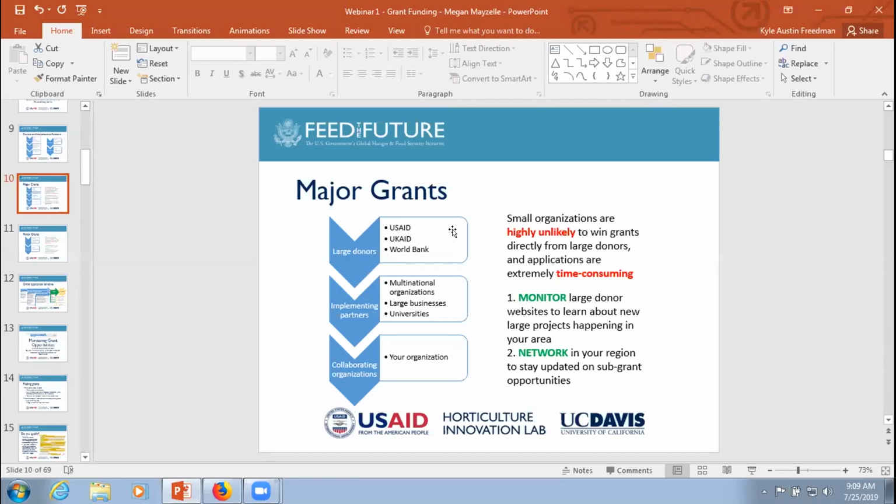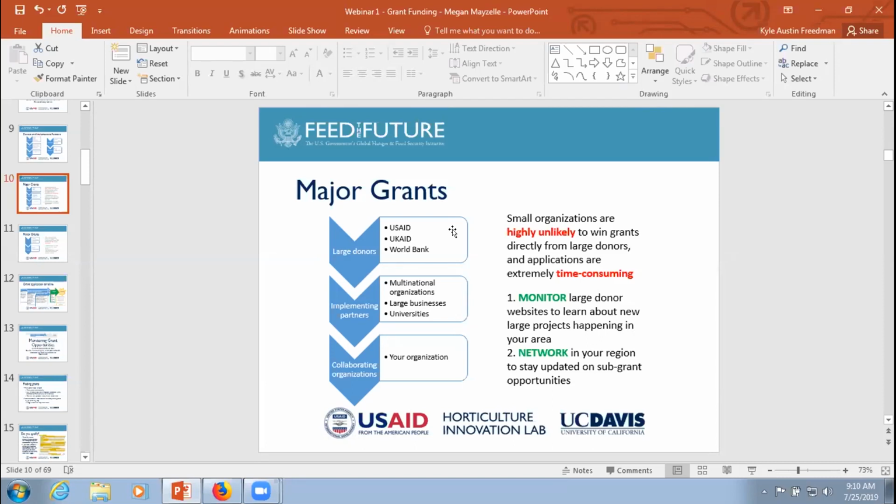So FAO is definitely funding, but again, funding those implementing partners, and that's a great opportunity as a small organization to connect with them if they're working in your region and start to bolster your reputation and your capacities by collaboration.